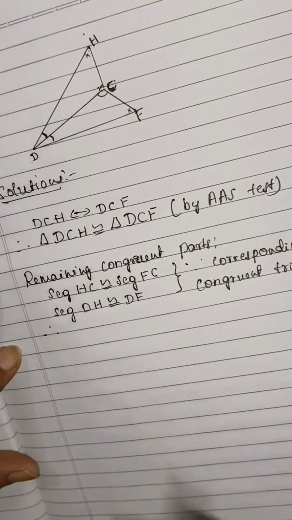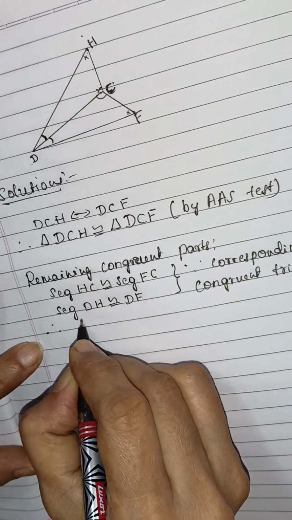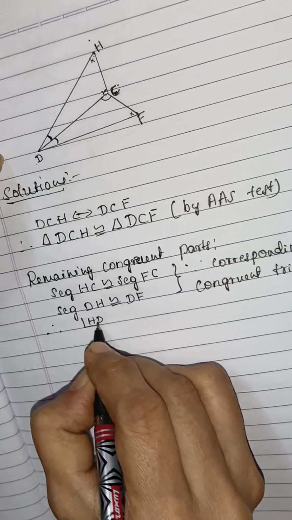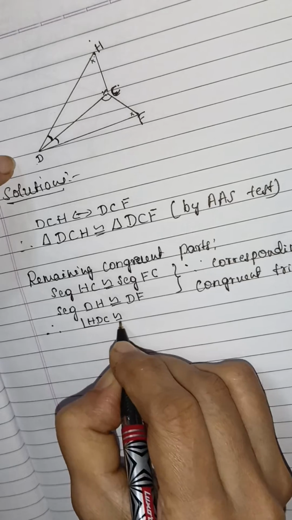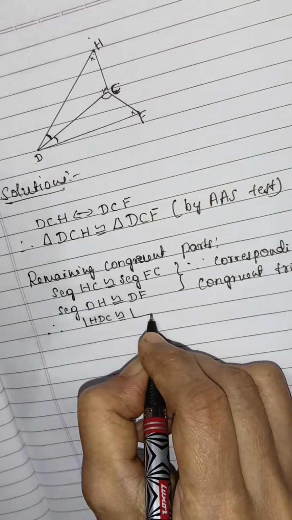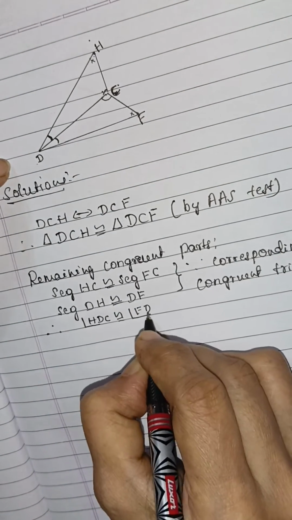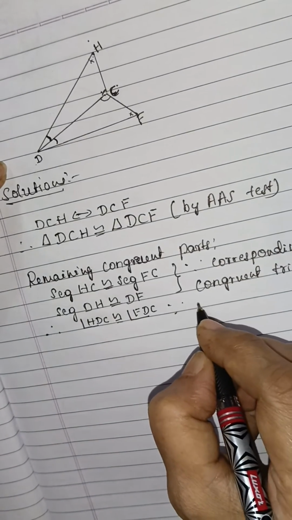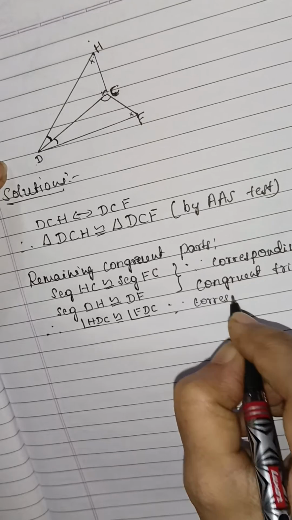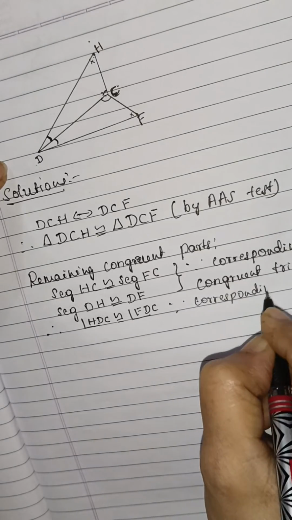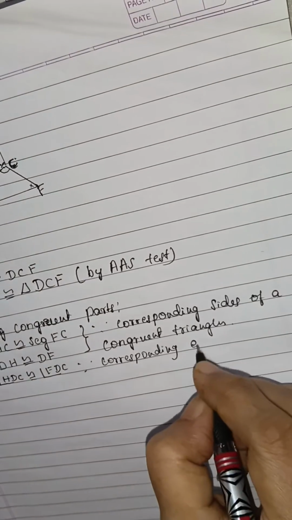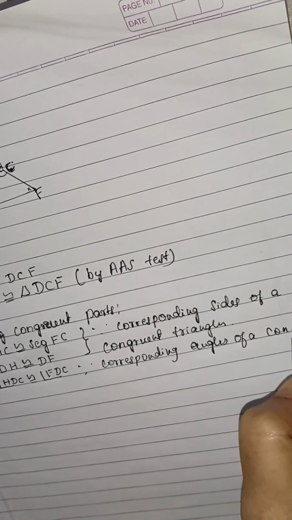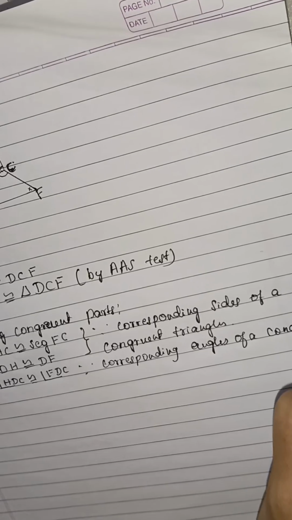Therefore, angle HDC is congruent to angle FDC, because corresponding angles of congruent triangles.